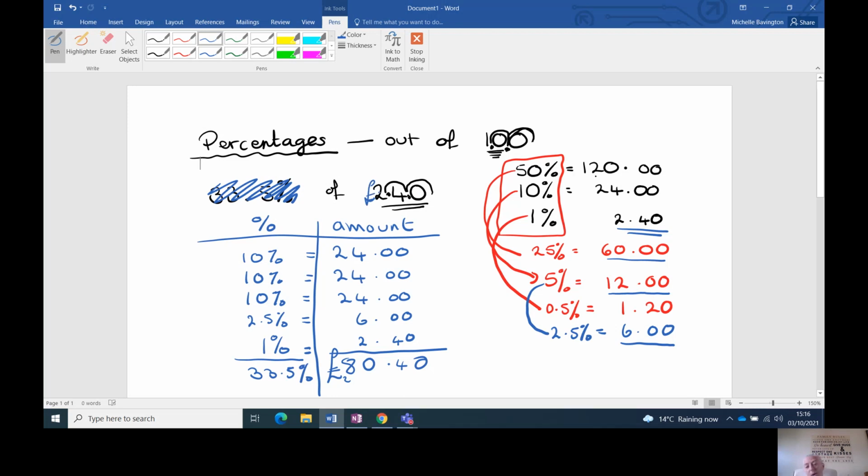Okay, so it's all a matter of splitting it up, getting your percent to what it's saying, 33.5, and then adding. Let's do another one.